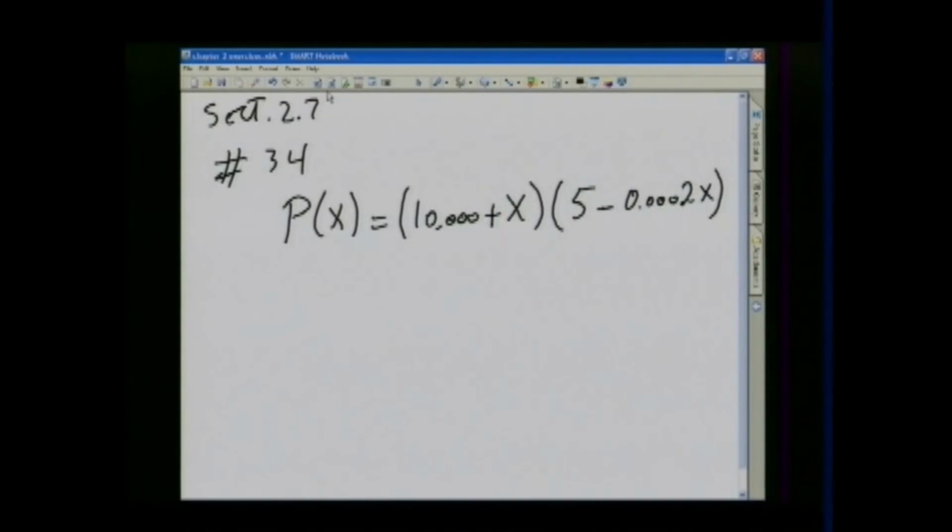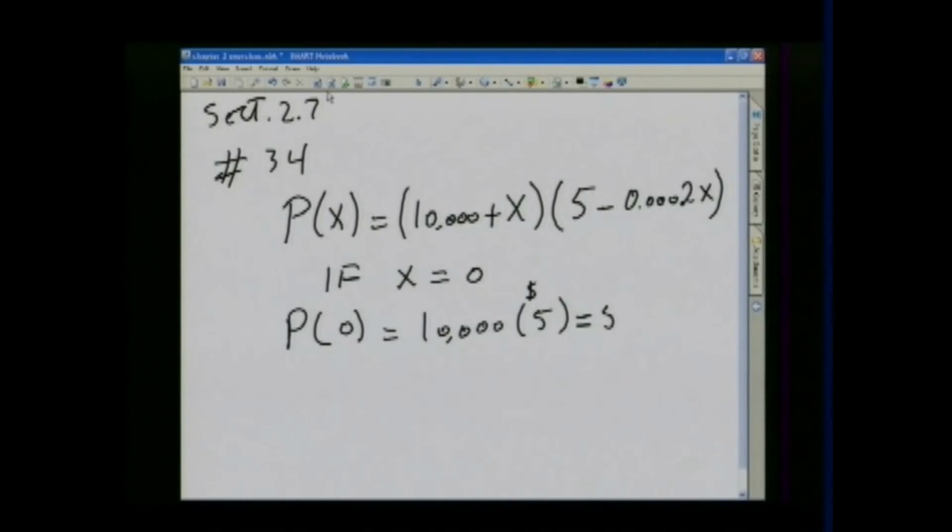So you can see here if X, for example, is equal to 0, let me just explain this to you. If X is equal to 0, that means you're not selling anything above 10,000, then your profit would be equal to 10,000 times $5, because it's $5 per bottle you make. That is equal to $50,000 if X is equal to 0.